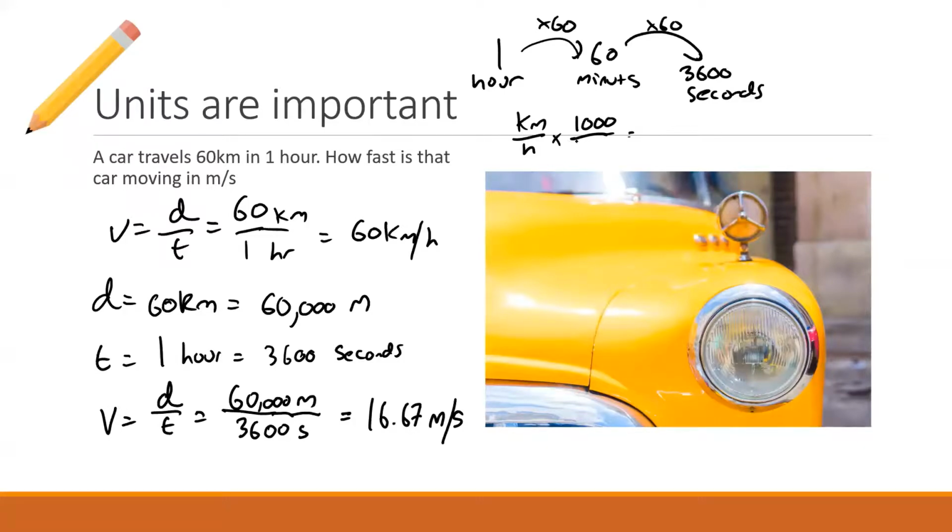We multiplied the bottom by 3,600, so essentially what we did was we took kilometers per hour and we multiplied by 1 on 3.6. Or you could say we divided by 3.6.